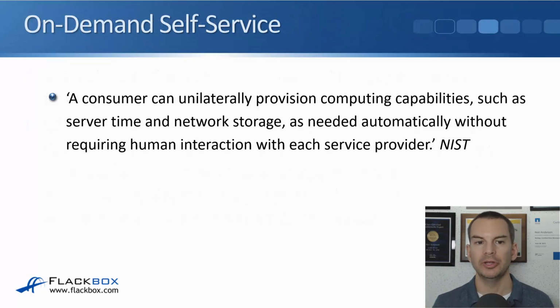The first one is on-demand self-service. Again, from the NIST, a consumer can unilaterally provision computing capabilities such as server time and network storage as needed automatically without requiring human interaction with each service provider. So this is very different than what you see with an on-premises or a colo solution.